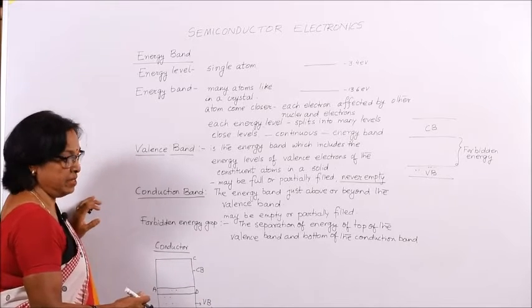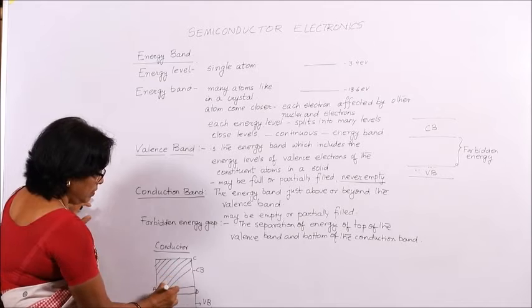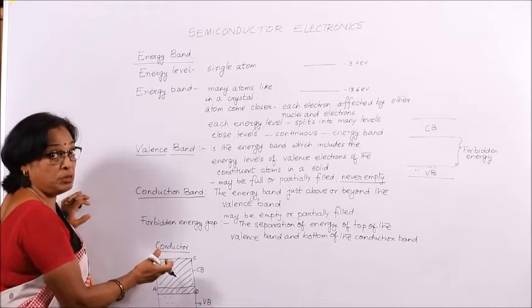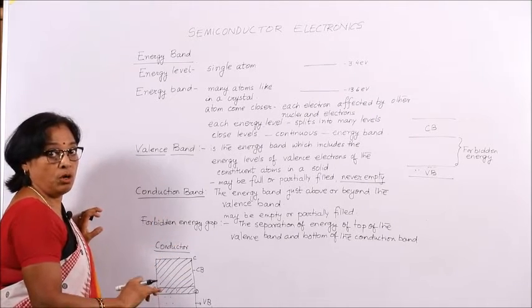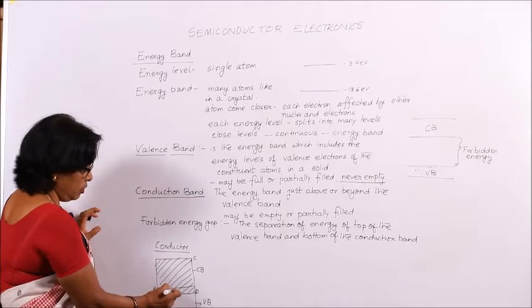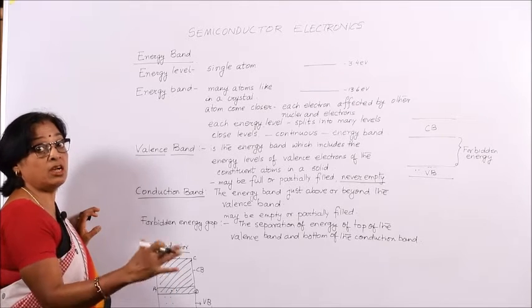What do you find? There is no separation between the conduction band and valence band. Valence band and conduction band, they overlap. What do you mean by overlapping? Overlapping means some electrons, for example these two electrons here, are also present in the conduction band.